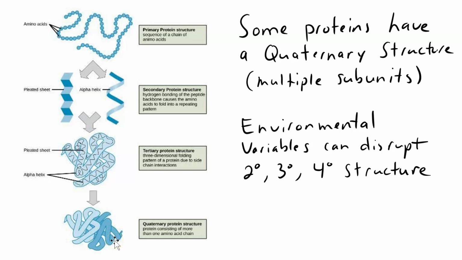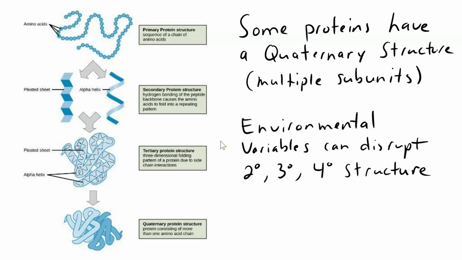What I want to emphasize for this slide is that primary structure is really susceptible to mutations, that is, changing the genetic code, leading to changes in the amino acids in the sequence. This can have consequences in the secondary and tertiary structure, but environmental variables can also disrupt the structure, specifically at the secondary and tertiary levels.